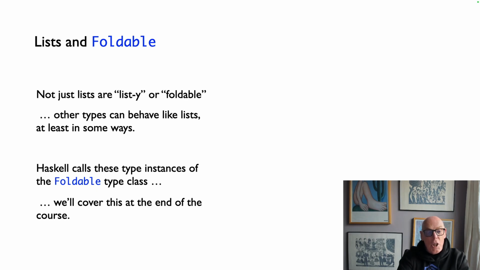So there are other types that you can treat as if they were lists, or that behave like lists in some ways. And so just like we have a whole lot of classes of numbers, Haskell has a whole lot of types which are instances of the foldable type class. It's modeled on lists, but there are other types that inhabit that type class.